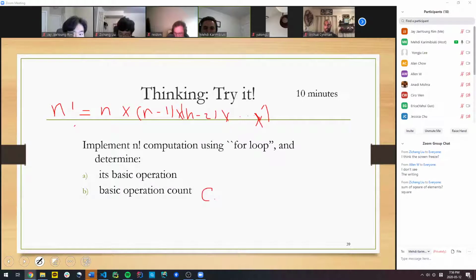That is the C(n). So determine its basic operation and basic operation count. Time is 7:56. Maybe we have some discussion at 8:05 for this.